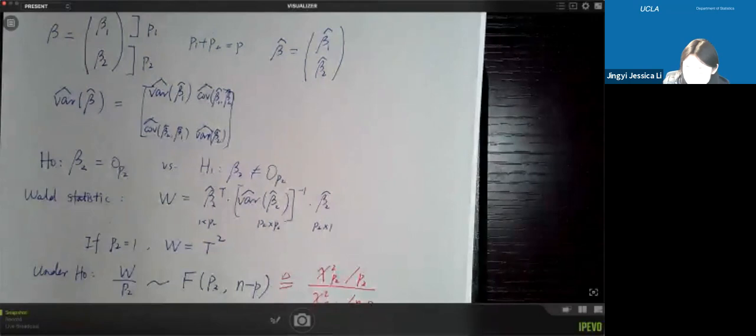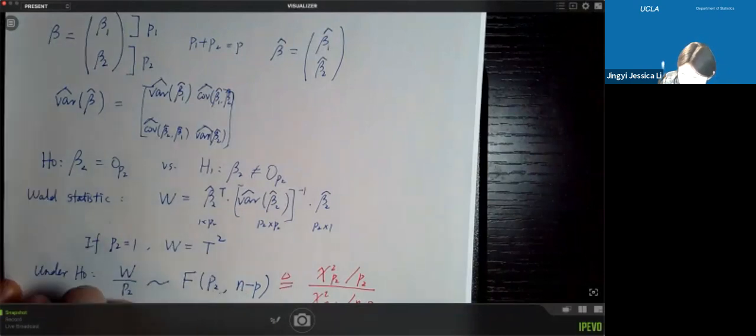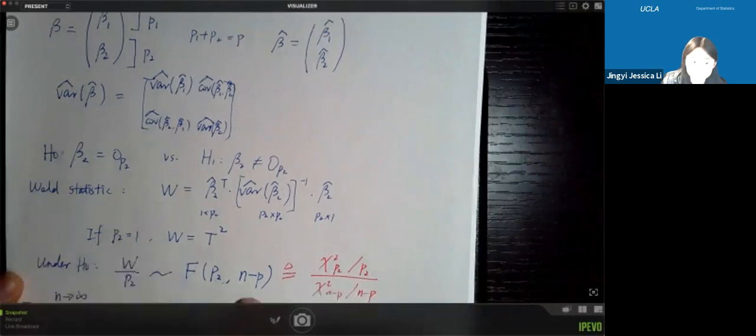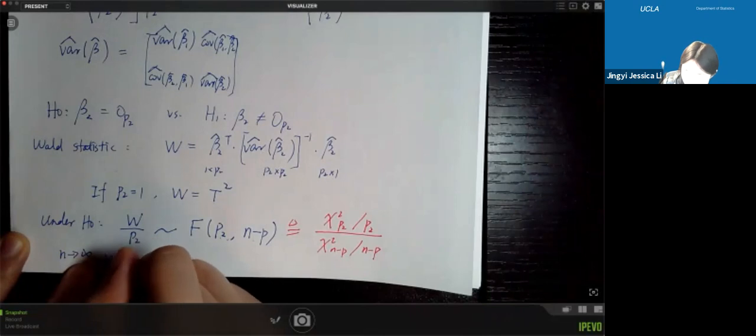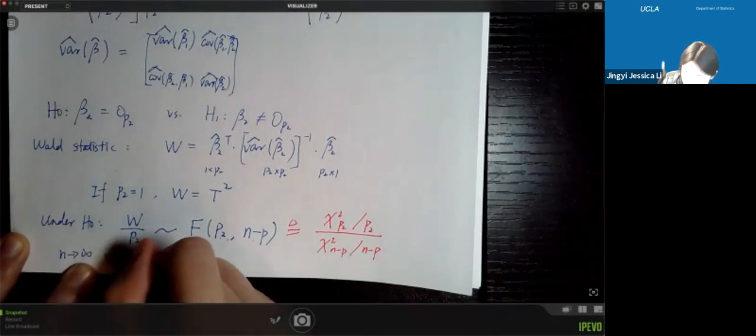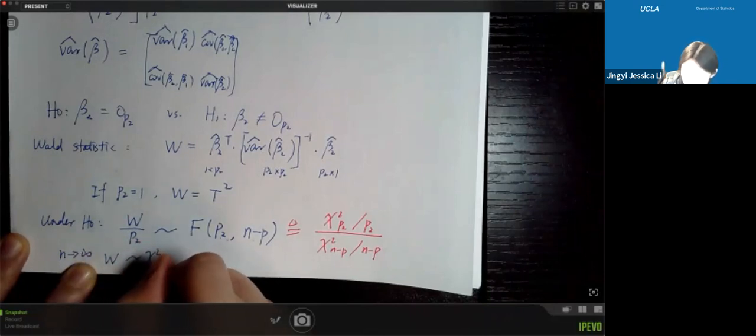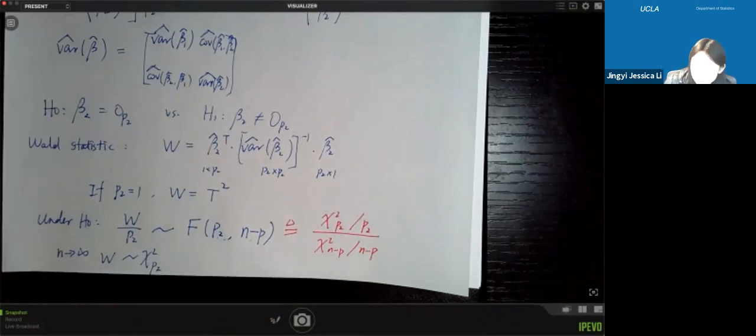Again, similar to the t distribution, where we know that t with n minus p degrees of freedom converges to standard normal as n goes to infinity, we can also have this asymptotic result. When n goes to infinity, W follows a chi-square distribution with P2 degrees of freedom. So there's a similar relationship between the F distribution and the chi-square distribution.